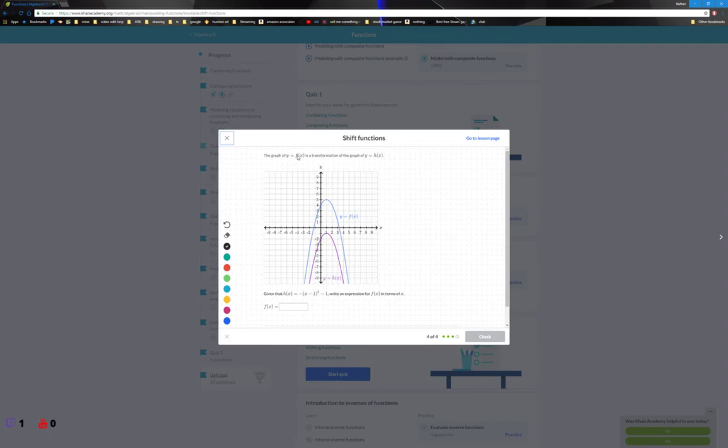So the graph of y equals f of x is a transformation of the graph of y equals h of x.